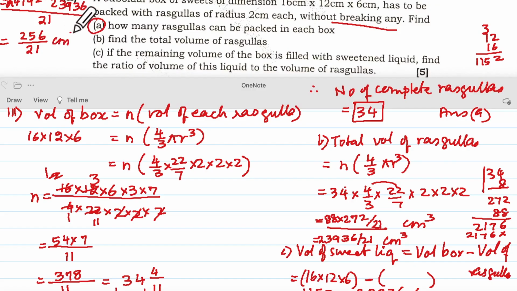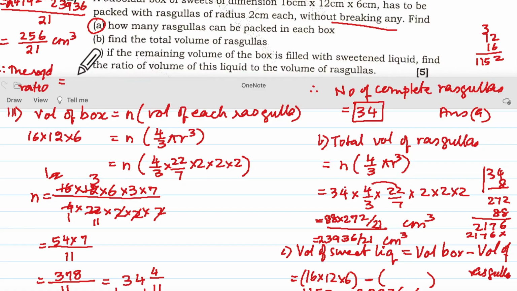Yes. Okay. Now the C part is saying, therefore the required ratio is going to be equal to the ratio of volume of this liquid.